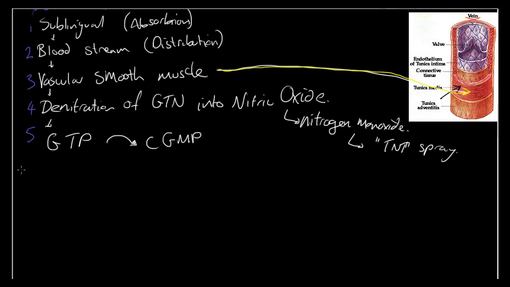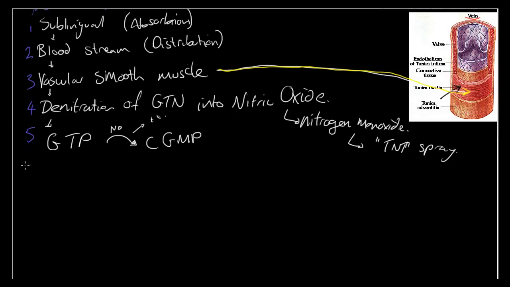So this is guanosine triphosphate, and then the nitric oxide helps to convert it, or it's actually dephosphorylation, to cGMP. And cGMP is cyclic guanosine monophosphate. We're losing a couple of phosphates, so phosphates up here. And then we've got cyclic guanosine monophosphate.